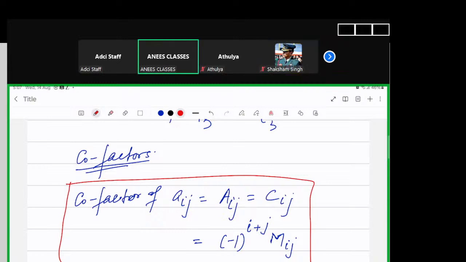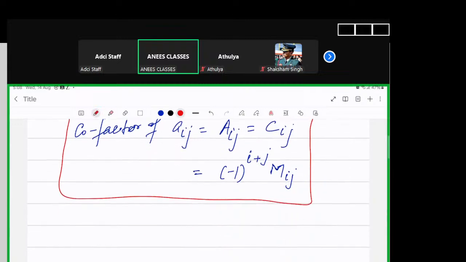So there is a relation between cofactors and minors. Suppose you are taking A11 or C11, you will get minus 1 to the power 1 plus 1 times M11.